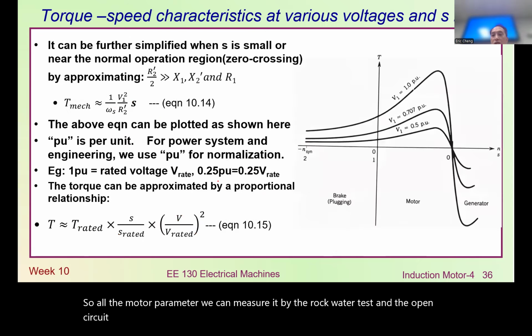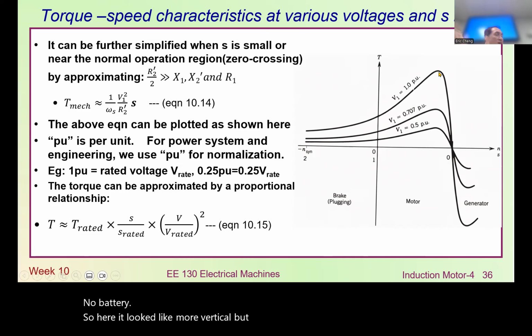So you can actually use this equation to plot it and see how the torque will change. You can see here it looks more vertical, but actually it is slightly biased toward the right-hand side.